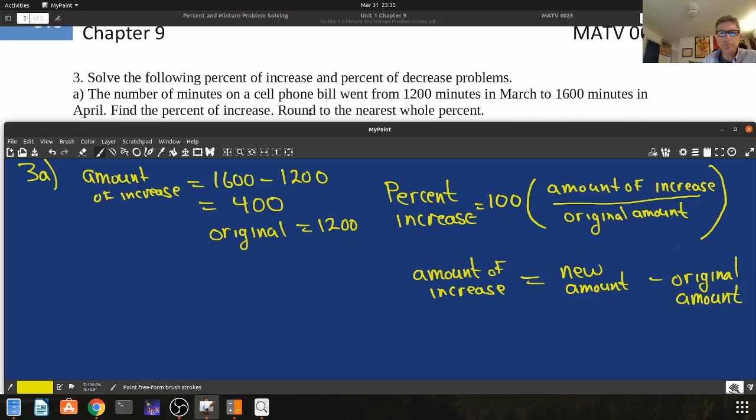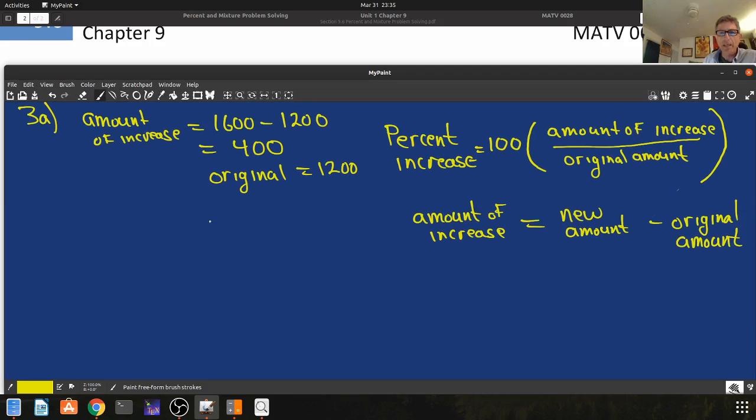So the percent increase is equal to 100 times our amount of increase, which is 400, divided by our original amount. Now all I have to do is simplify.